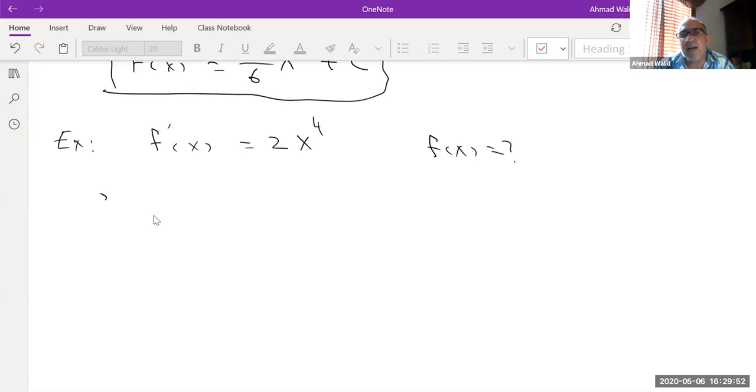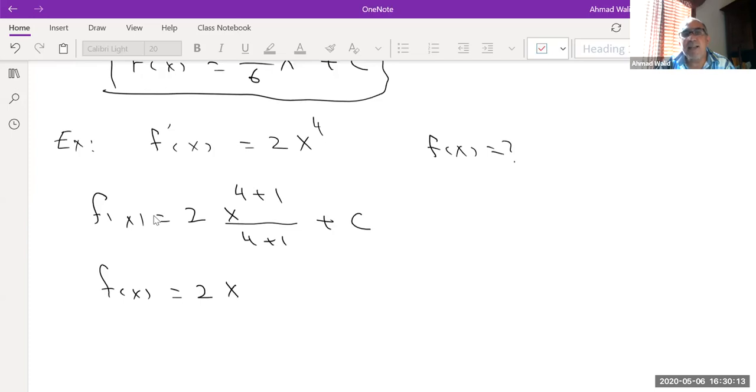Now, apply your formula. F of x equals, this is a constant, I'll keep my constant too, x to the power of 4 plus 1 over 4 plus 1, plus c. Then F of x equals 2 x to the power of 5 over 5 plus c, or you can write it as 2/5 of x to the power of 5 plus c.